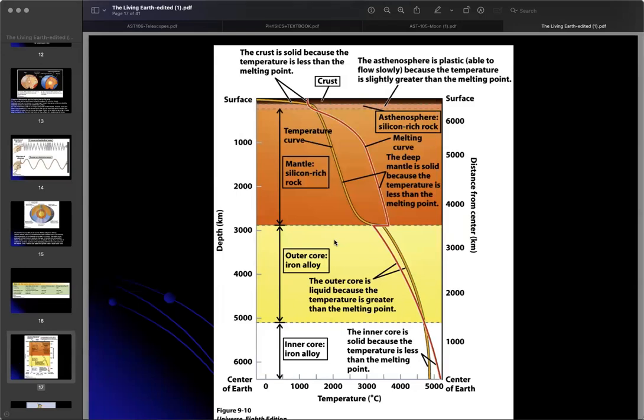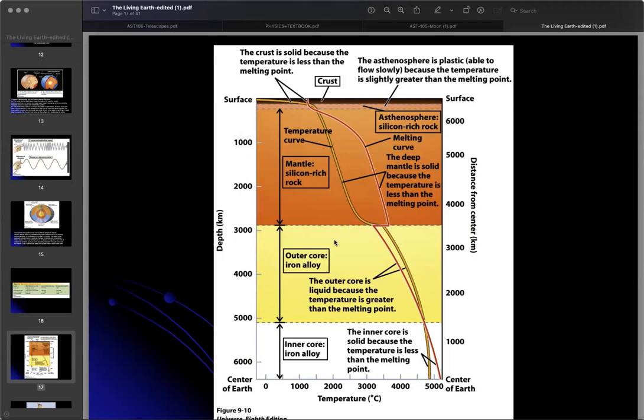There's both an increase in temperature and an increase in pressure. The pressure tries to make things more compact and solid, whereas the heat tries to make them liquid. The red and the yellow curves show that, and there's a competition between them.